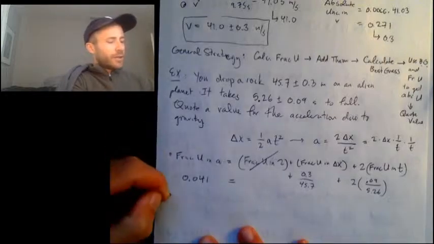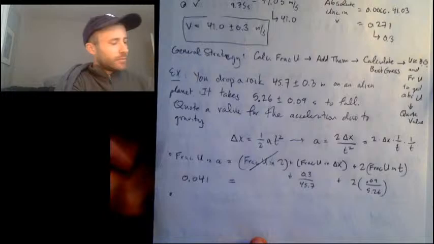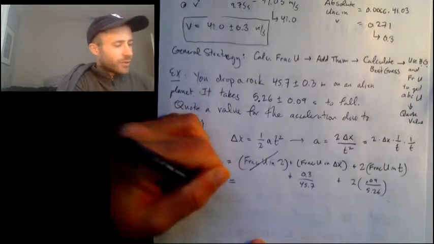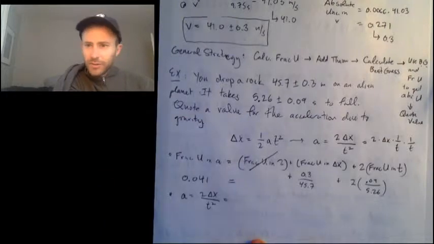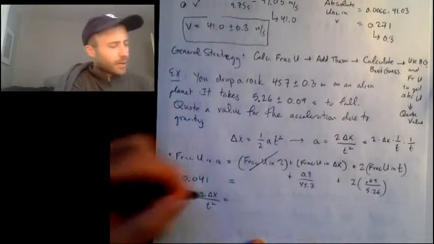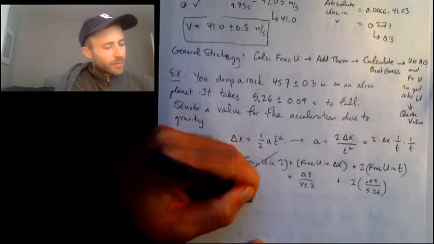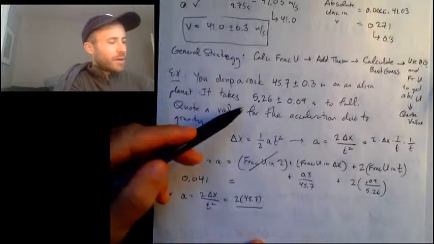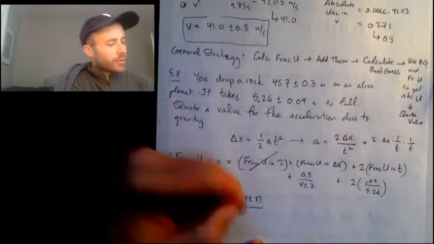Now what I need to do is get my best guess. All right, so my best guess, acceleration is 2 times delta x over t squared. So I use all my best guesses. My best guess at delta x is 45.7. My best guess in time is 5.26.